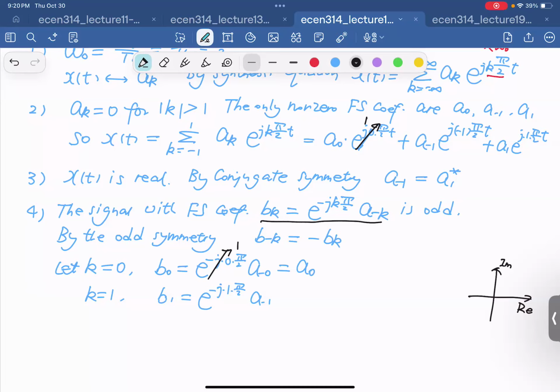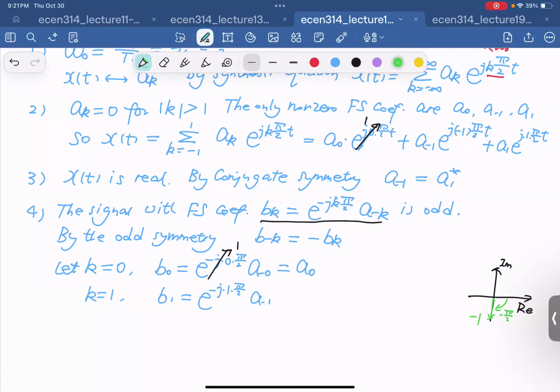And the phase is negative half pi. So that means it is pointing downward. That is negative half pi, right? And specifically, it's with 0 in the real part and with minus 1 in the imaginary part.